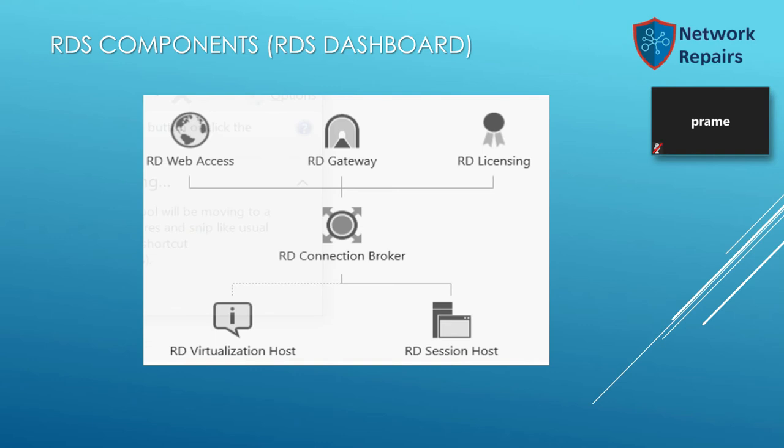And RD Connection Broker is the connectivity between the RD Session Host and the other components. If there is another remote desktop server configured for load balancing and one server is down, it automatically redirects to the other servers.